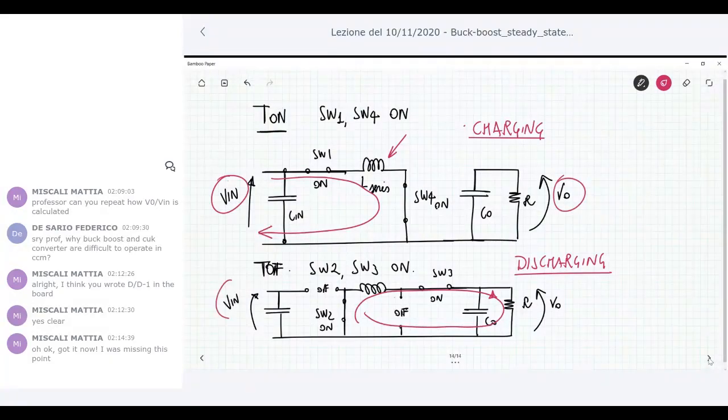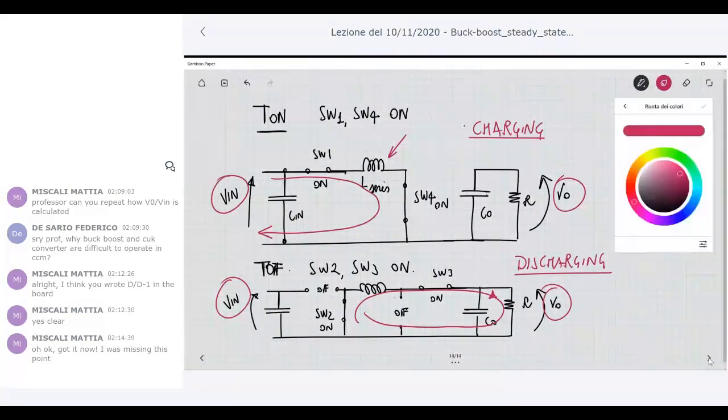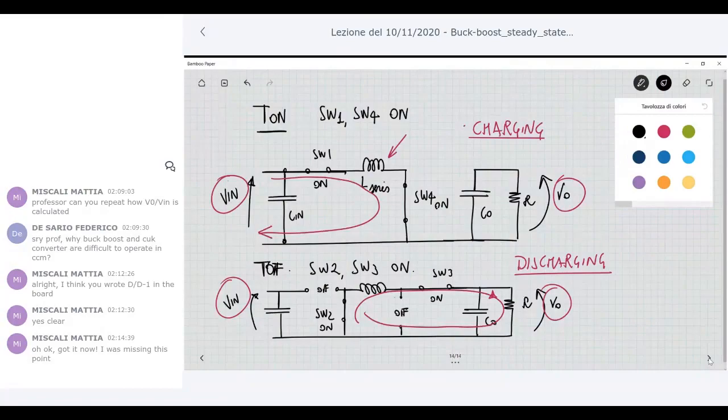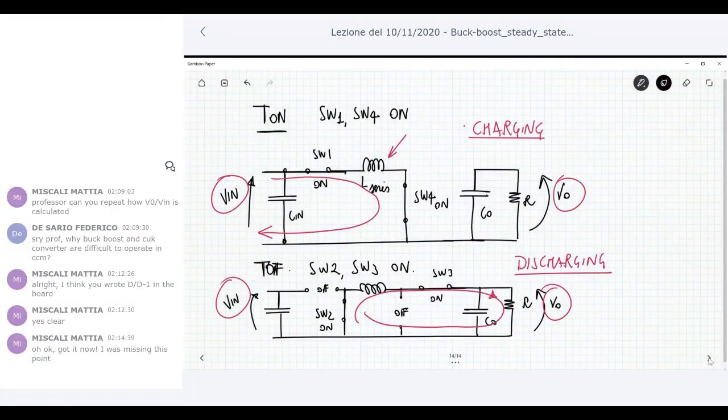As you can see here, there is no connection in the charging phase, but again, there is no connection between the V in and V naught in the discharging phase. So this circuit has a conversion ratio which is the same as that of the buck boost, but non-inverting.